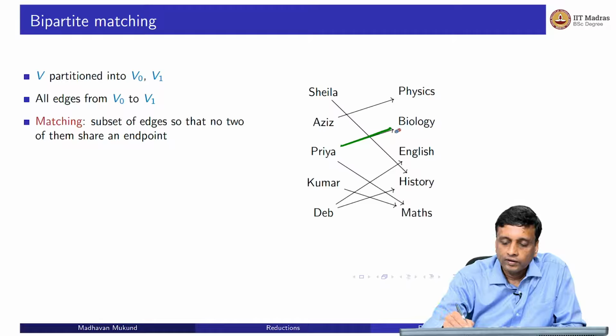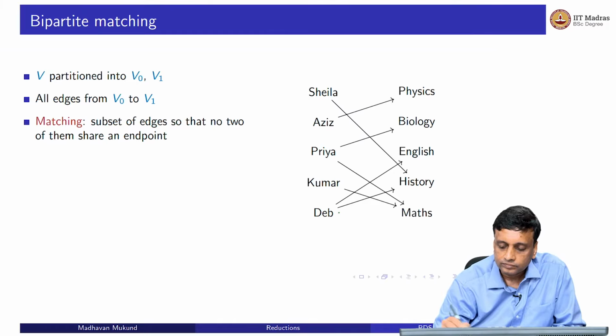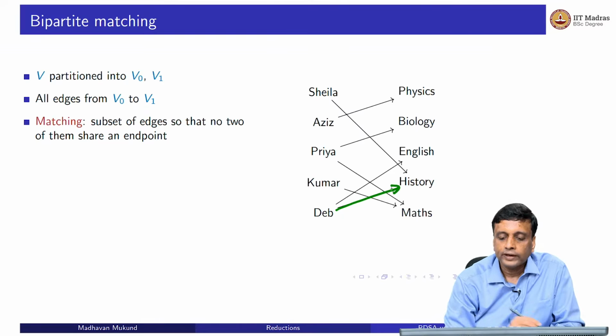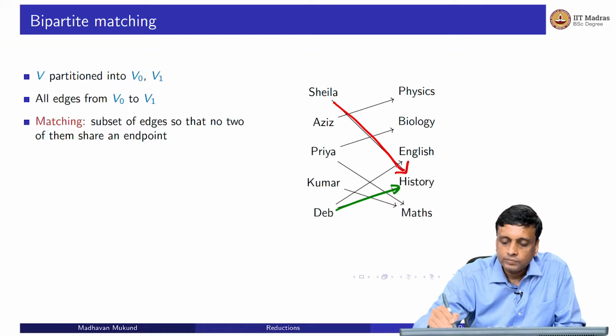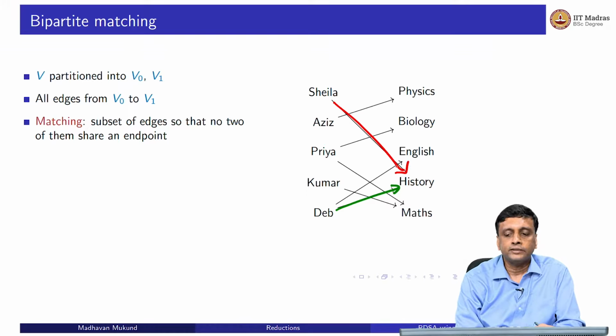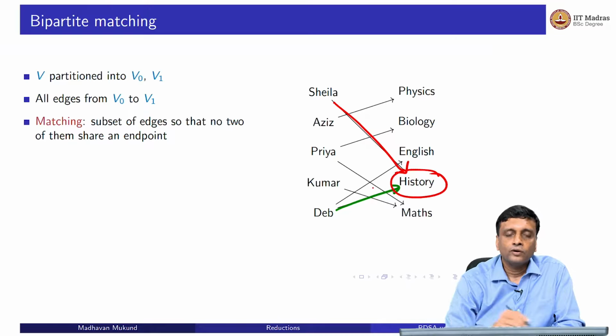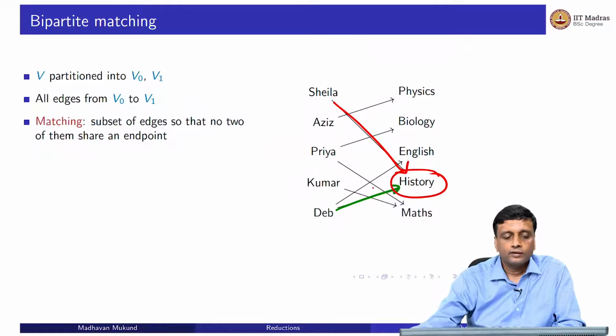Similarly, if I choose, for instance, this edge and allocate history to Dev, then I should not choose this edge, because history as a subject has been allotted a teacher, and I should not try to allot a second teacher. That means formally that this node should not have 2 edges in the matching incident on it. So we want to take a subset of edges so that no 2 of them share an endpoint.